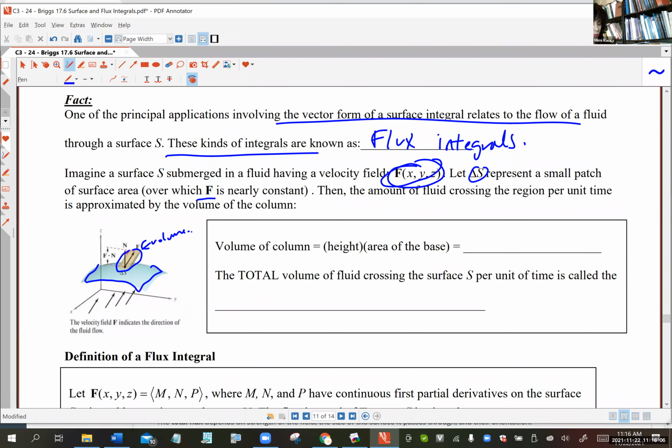Like if you set a stopwatch and you went, okay, go, stop. And then you would look at the total amount of bananas or water that flowed across that little patch per 1 second, or whatever your time unit was.